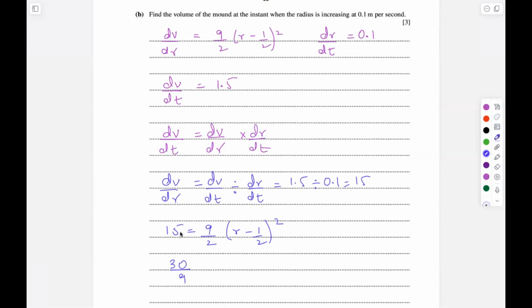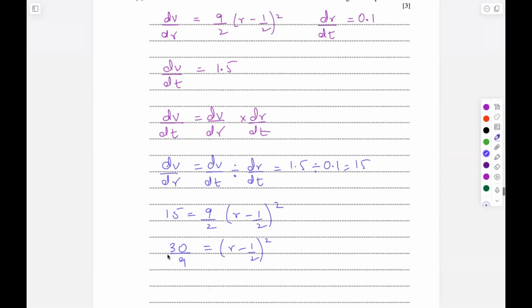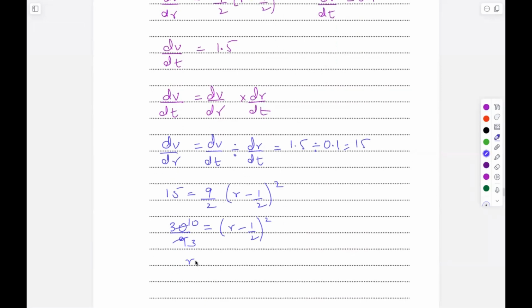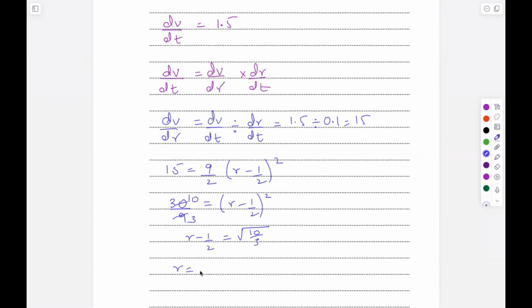So 2 multiplied by 15 divided by 9 is equal to r minus 1 upon 2 whole squared. We can write it as 10 upon 3. So r minus 1 upon 2 will be equal to square root of 10 upon 3, as we take the square root on both the sides. And then finally the value of r will be square root of 10 upon 3 plus 1 upon 2.